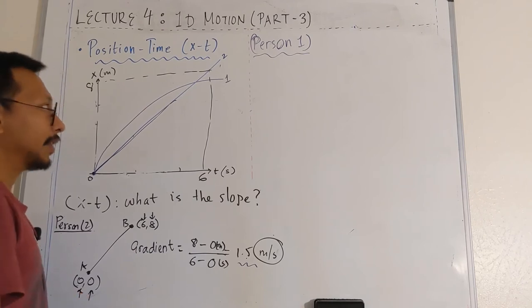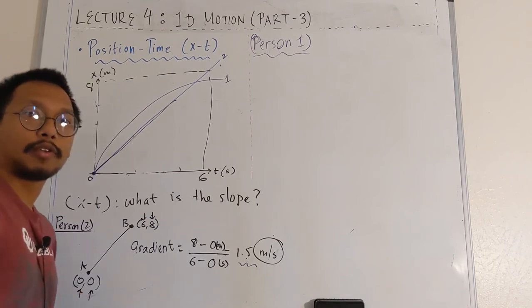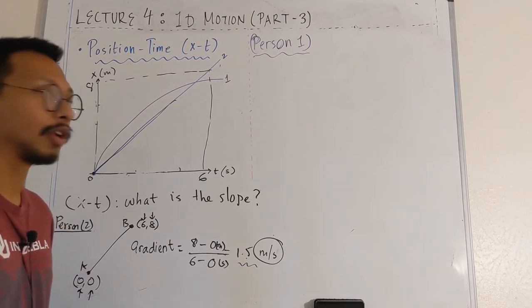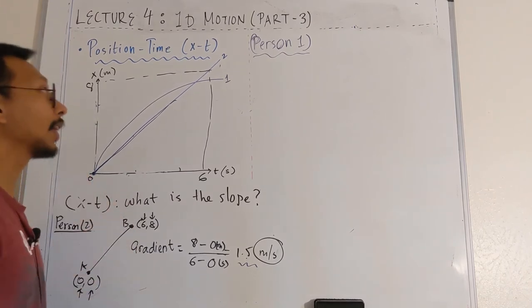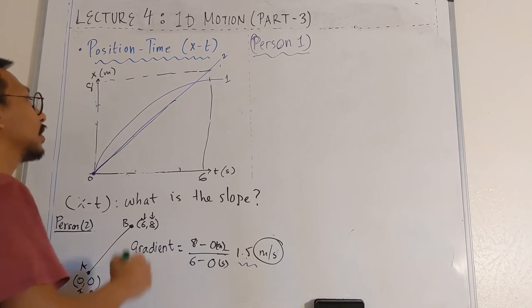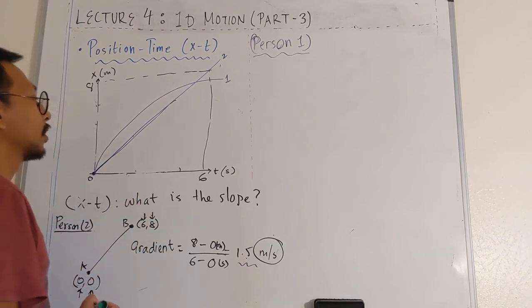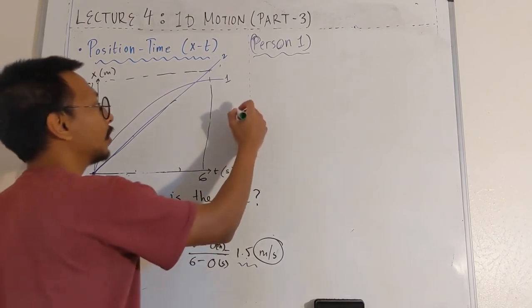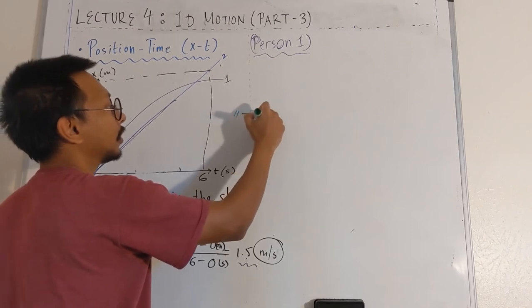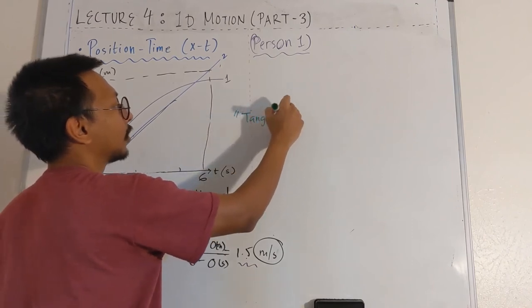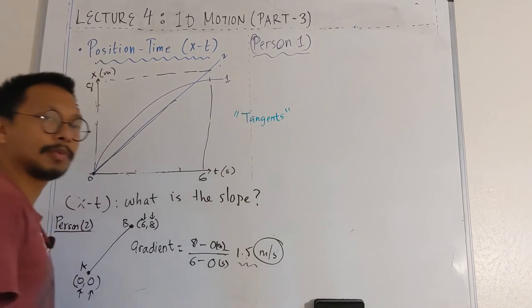So we ask, hey, how do we calculate gradient for a curve? We just saw how to calculate gradient for a straight line. You're correct. So let's see how we can do that for curves now. For curves, we need to draw things called tangents. What does tangent mean?